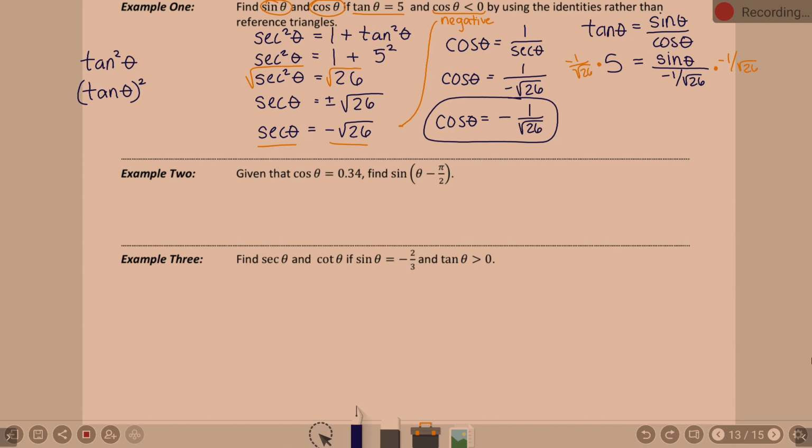So that means sine of theta is going to be equal to whatever 5 times -1 over square root of 26 is equal to. And again, we're not using the calculators right now. What is 5 times -1 over square root of 26? Yep, multiply together as one fraction. Think of this as 5 over 1. So -5 over square root of 26.